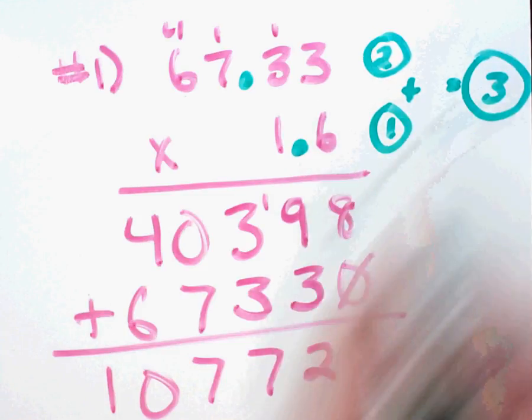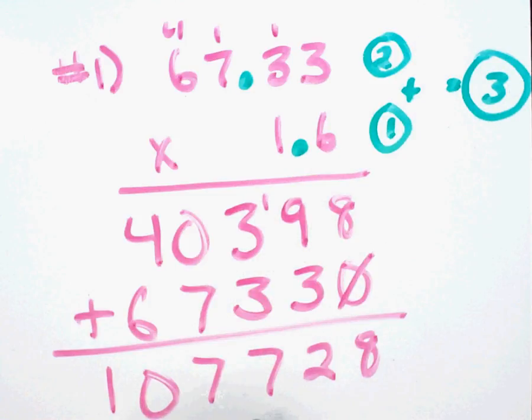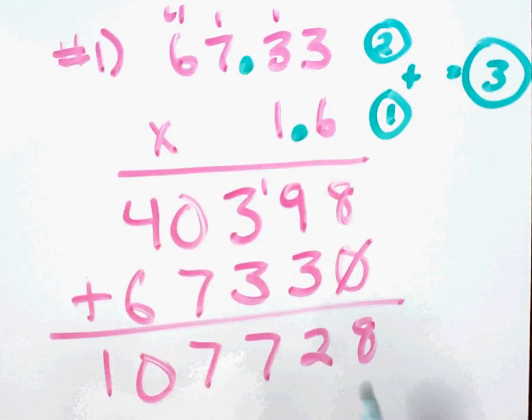So when I place my decimal on my answer, I need to count, starting at the far right and then moving to the left, 1, 2, 3, and that's where I'm going to place my decimal. And so that is my answer, 107 and 728 thousandths. All right, on to number 2.